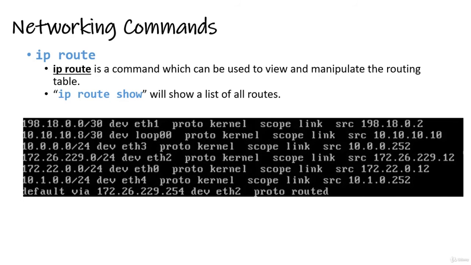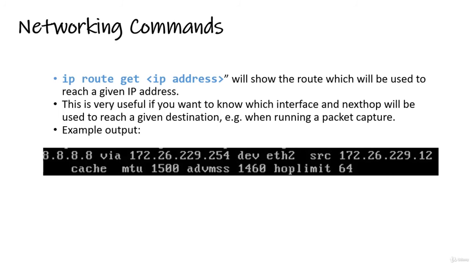Another really useful command is called ip route. It's used to view and manipulate the routing table. If you type in the command ip route show, you're going to get the whole list of all routes available for subnets. Another really useful command is ip route get.